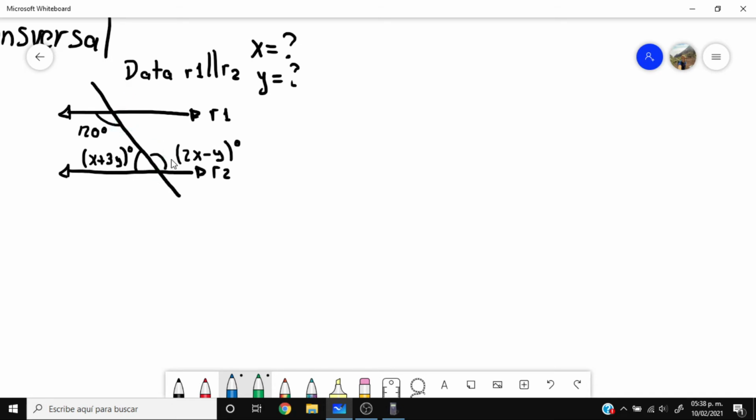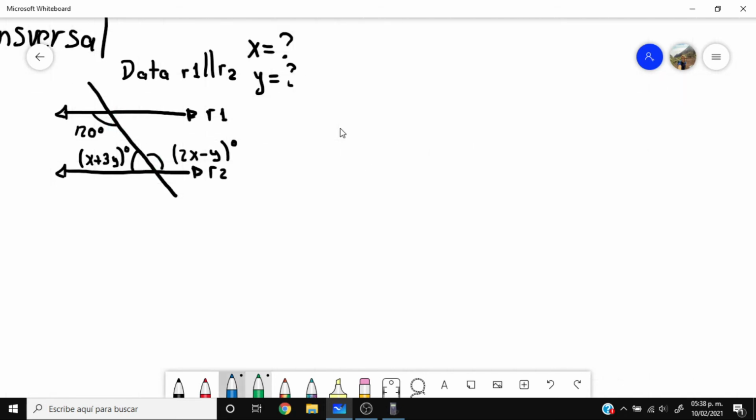Okay, so I'm gonna erase the line and I'm gonna write it. So 2x minus y equals 120. But I'm going to write the reasons over here, okay, because they are alternate interior angles.